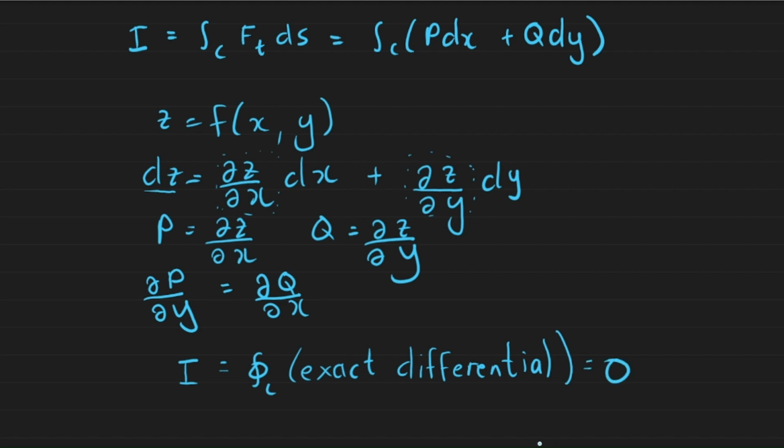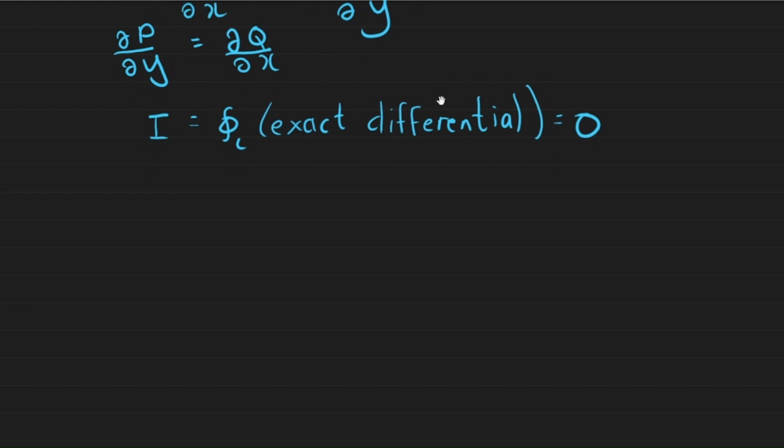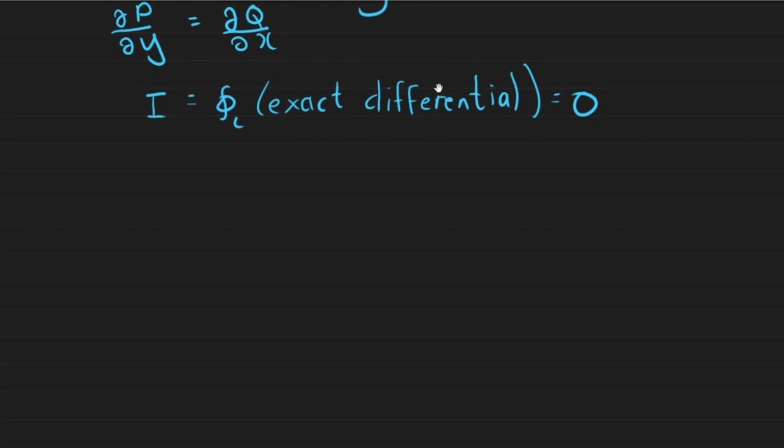Literally, that is exactly what it means. So let's just rewrite this in a way that we understand it. It means that if we integrate around a closed boundary of a curve of p dx plus q dy, and p dx plus q dy is an exact differential, then we should get 0.